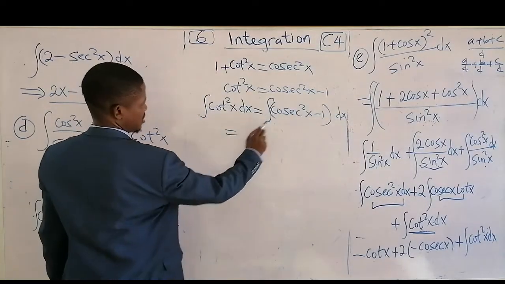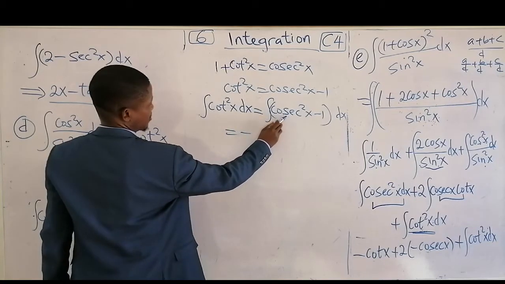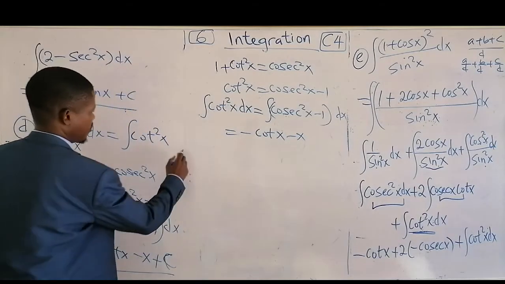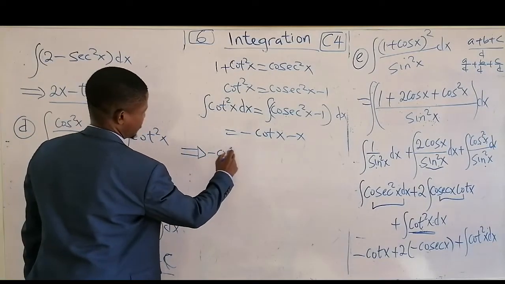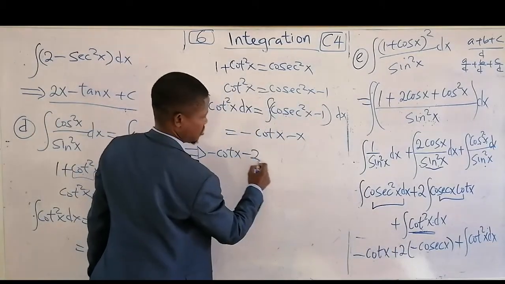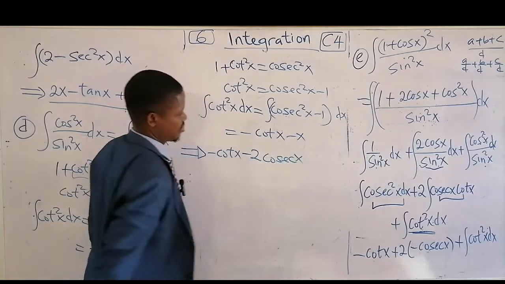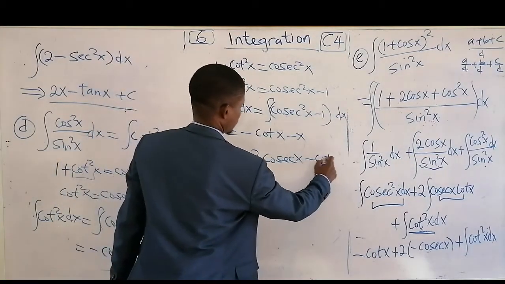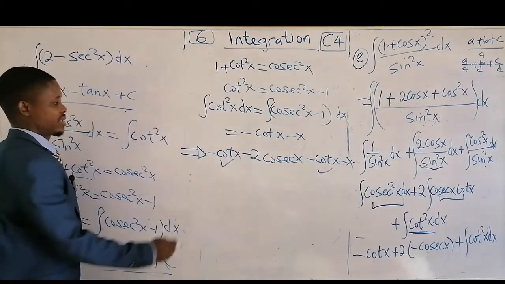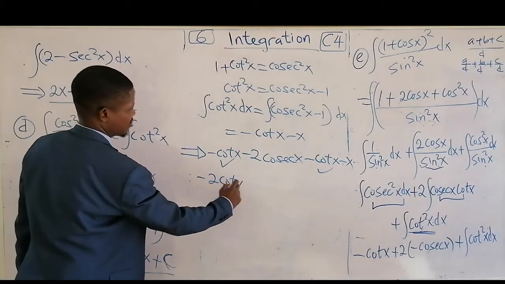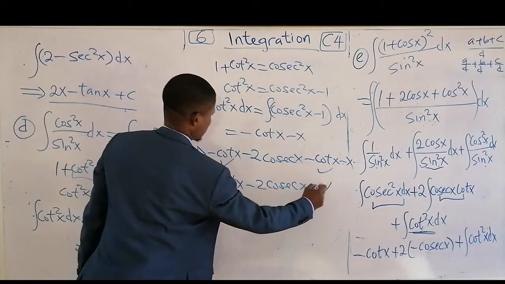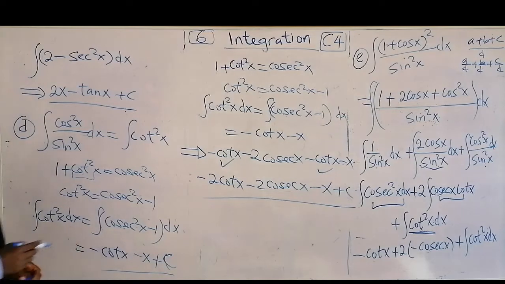That gives minus cot x minus x. Then 2 times minus gives minus 2 cosec x. Then minus cot x minus x. So this one and this one, you can add together: minus 2 cot x, then minus 2 cosec x, and then minus x plus c. So that's that on that question.